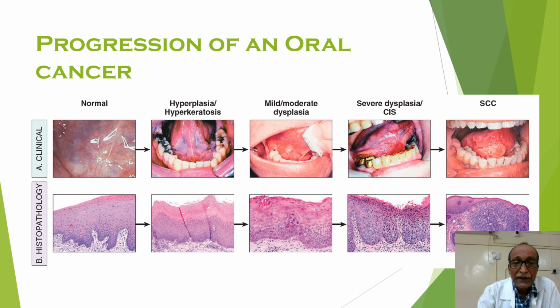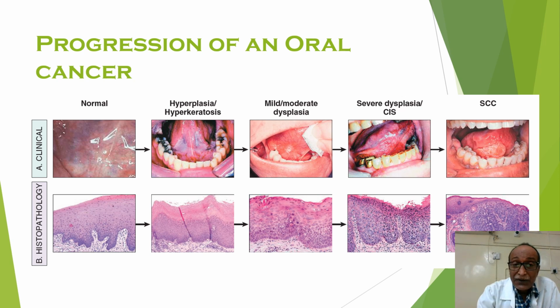Here, if we notice, this is the normal surface epithelium, and this is the cancer. In between, there is a progression from hyperkeratosis, that is, decrease in the number of shed cells and keratin follicles. As we said, the basal layer divides and pushes upwards and sheds ultimately.